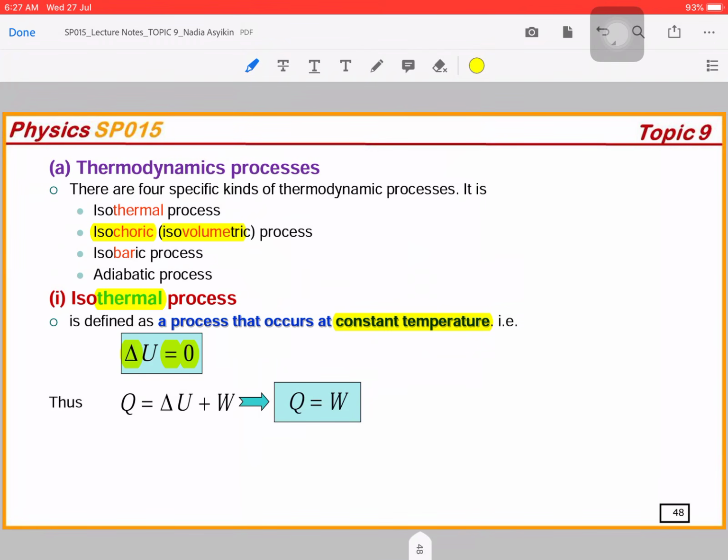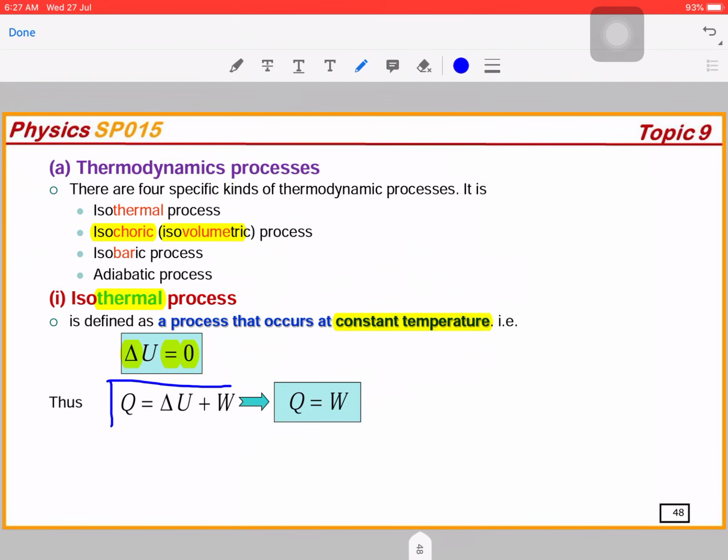If there is no change in temperature, then delta U is equal to 0. So our equation, Q is equal to delta U plus W. Okay, since delta U equals 0, we have Q equals W. Okay, so for isothermal process, Q equals W. Why? Because delta U equals 0.